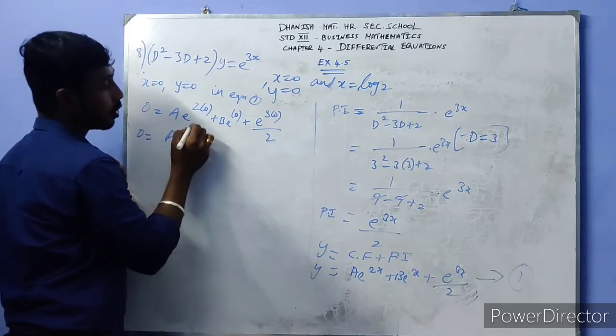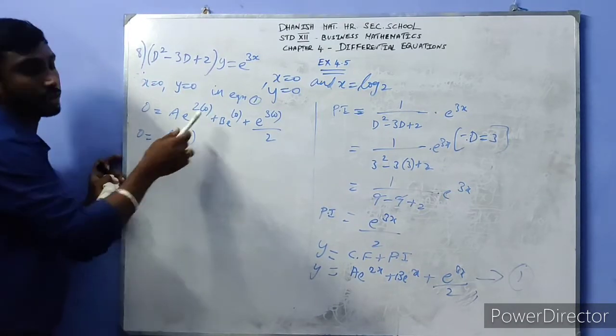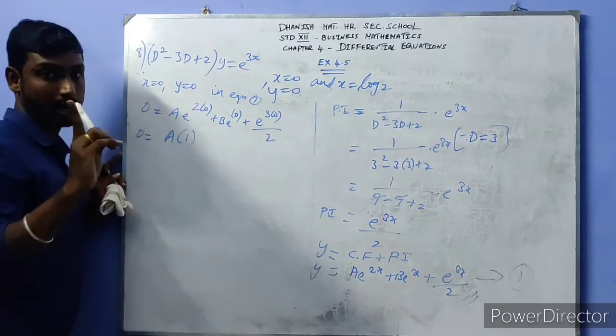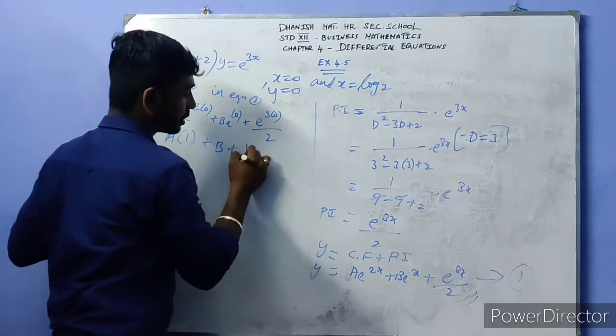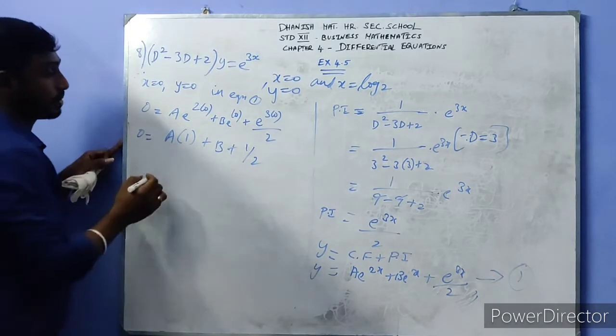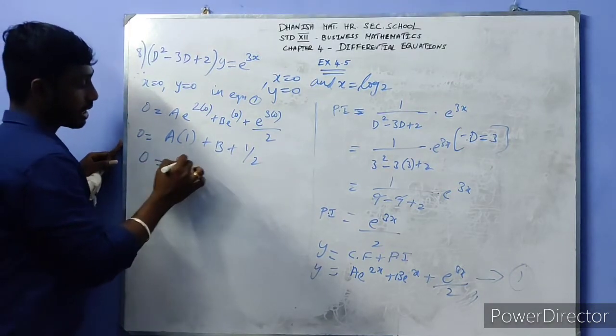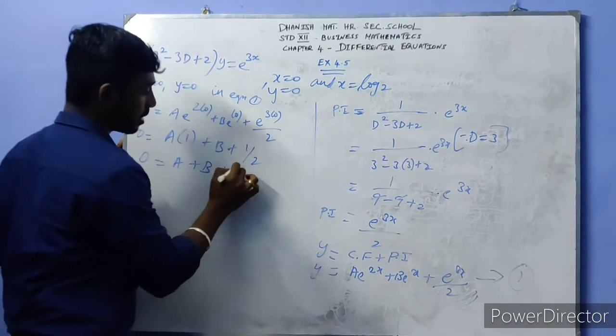You will be getting this here. A, e power of 2 into 0, that will be e power of 0, that will be 1. So then here it is also B, and here we are getting just 1 by 2. So 0 is equal to A plus B plus 1 by 2.